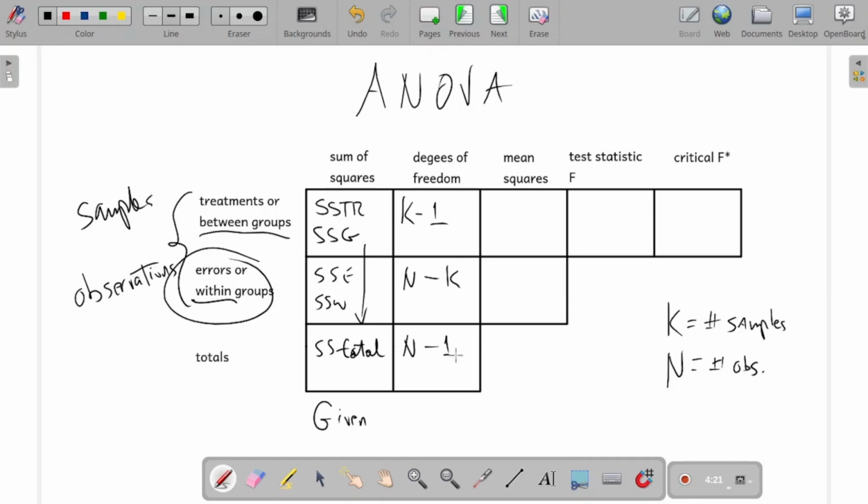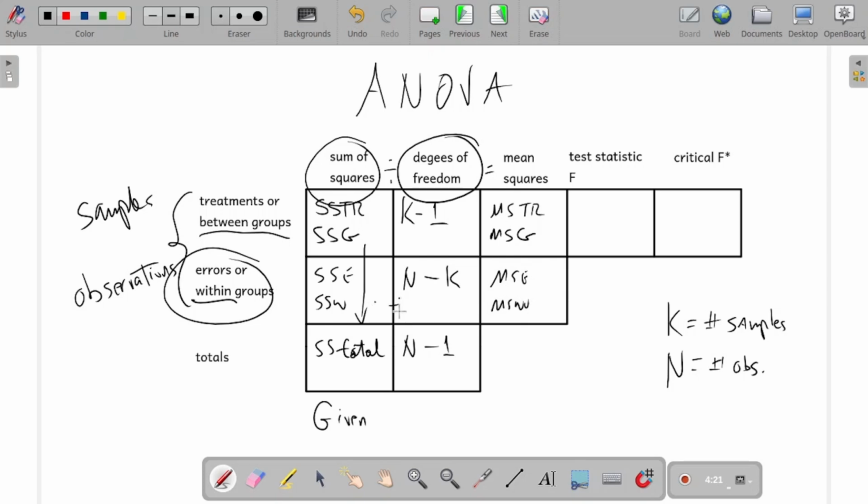To figure out the mean squares, we start by taking the sum of the squares and dividing by the degrees of freedom to get our mean squares. This is notated as MSTR, or if they're using between groups, MSG. Here we have MSE, or MSW, again the same computational method.